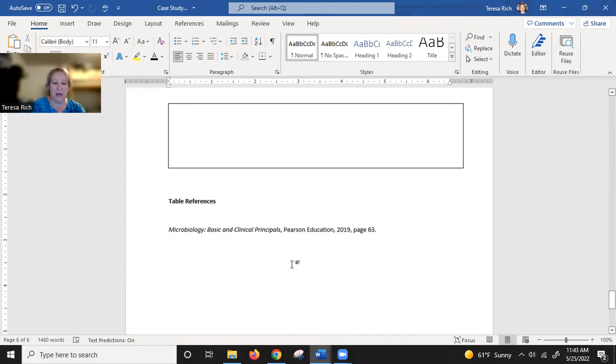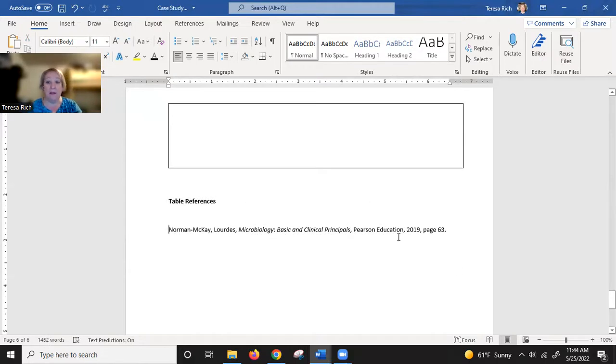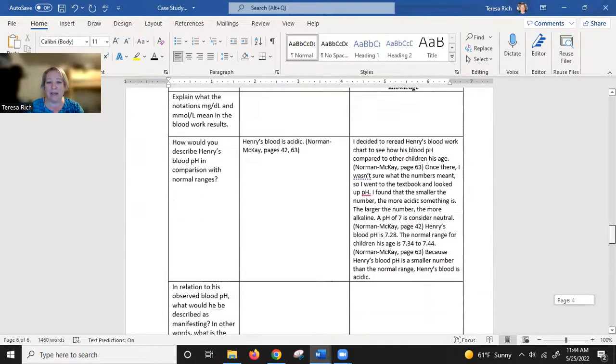So I'm going to move it over here, and you need to have the last name first. So I'm going to do this. Okay. And because I included the page numbers in the in-text citation, I don't need it down here. So I have my full reference, okay, that matches up with my in-text citations.